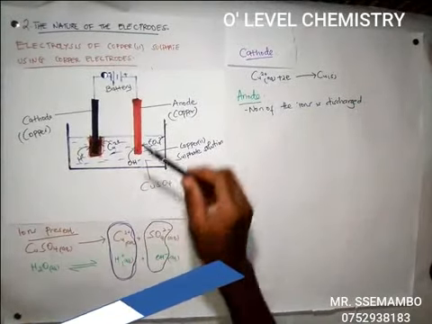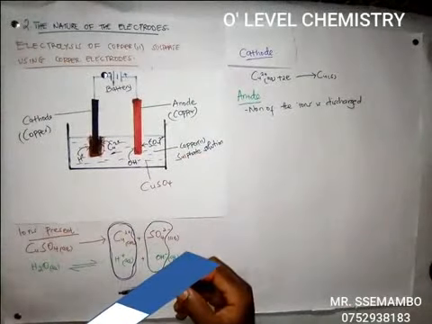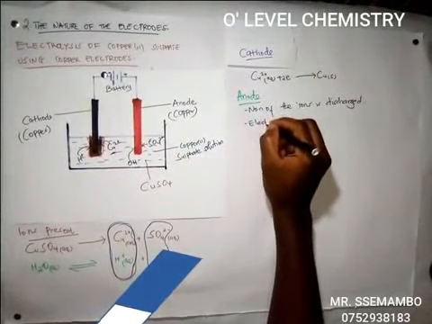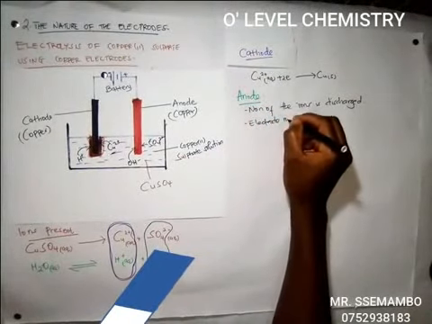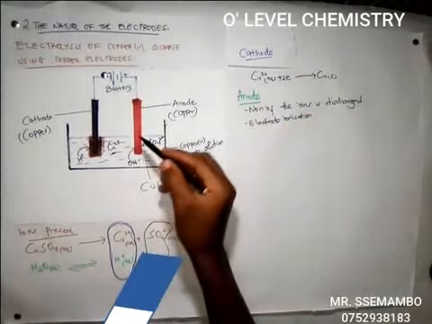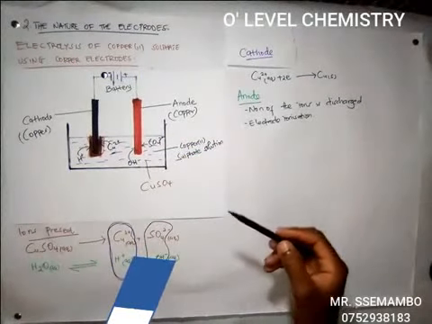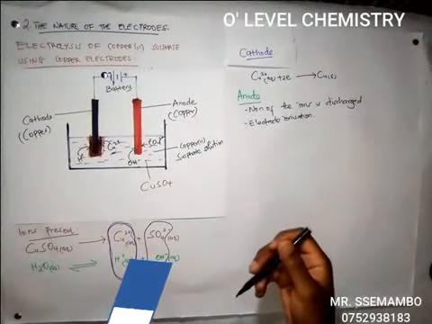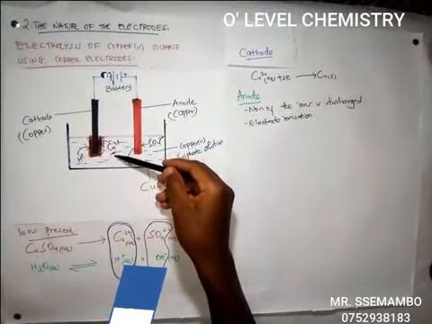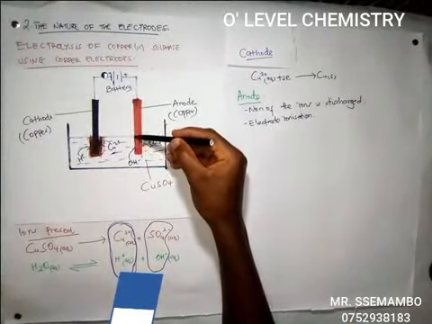Instead, the copper anode will go into solution, and that is called electrode ionization. The copper anode will dissolve in solution, forming copper ions to replace the copper ions that have been used up in the solution. So we shall have a decrease in mass.